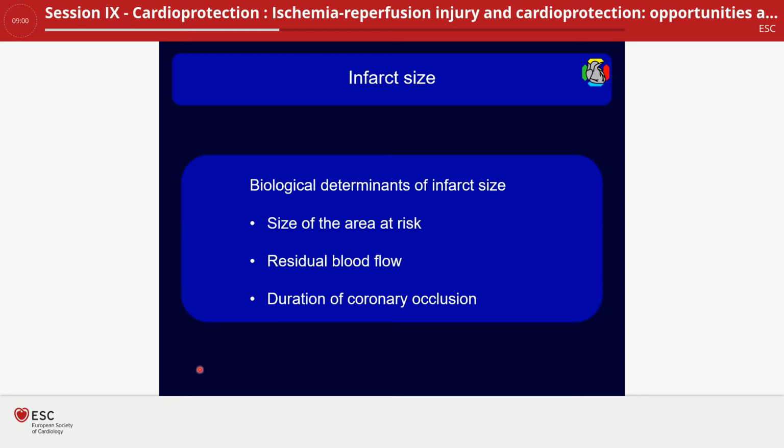Sometimes the coronary artery is not completely occluded. There's some remnant blood flow going the antegrade way. And if you have a long-standing coronary artery disease over many years, there has been the development of a collateral circulation through angiogenic processes, and that collateral circulation will supply some blood even if the antegrade pathway through the coronary artery is occluded. And finally, as we have seen before, of course, the duration of the coronary artery occlusion is important, and you want to reperfuse the myocardium as quickly as you can.